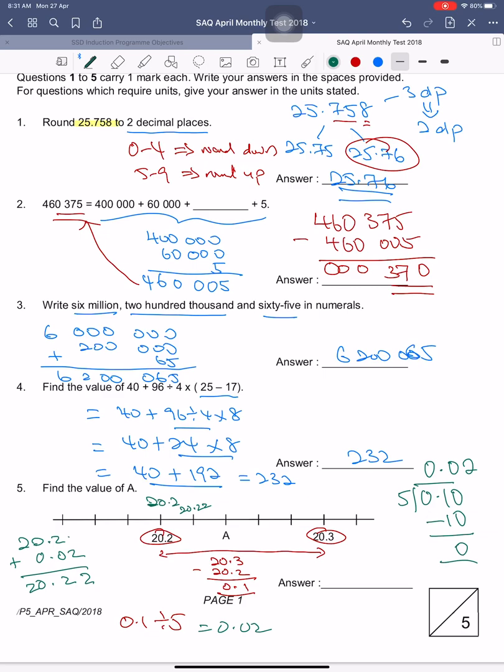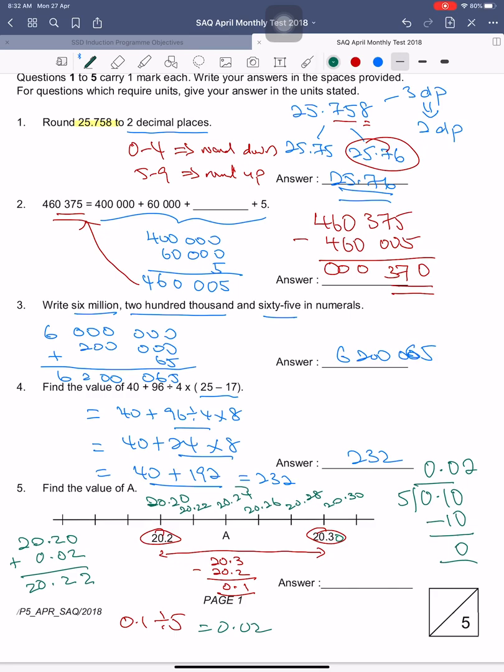In fact you can put a 0 here so that you can see that it is 20.20, 20.22, 20.24, 20.26, 20.28, 20.30. So you find out that for each marking, the value is increasing by 0.02.